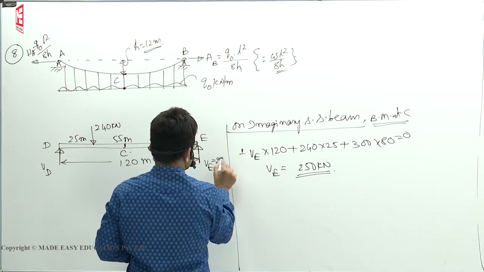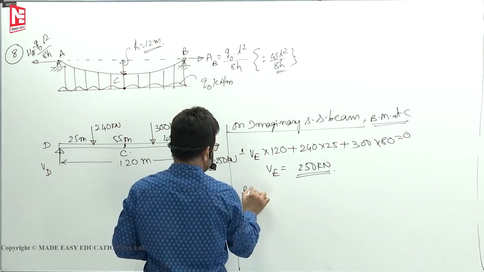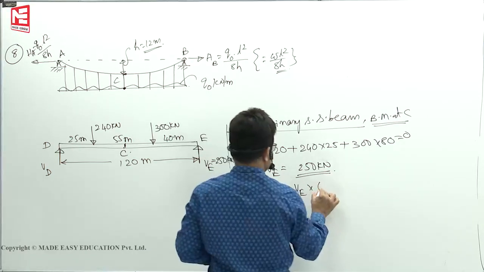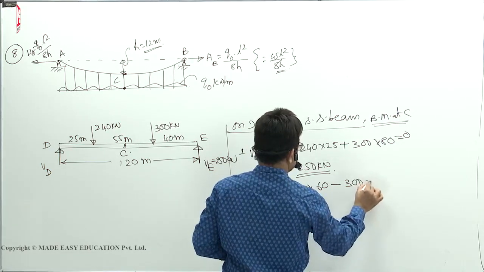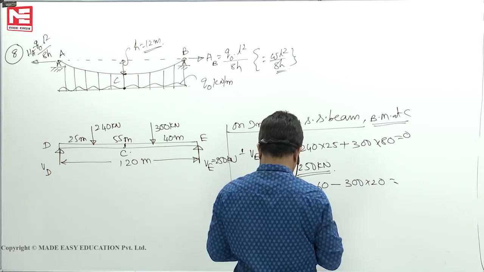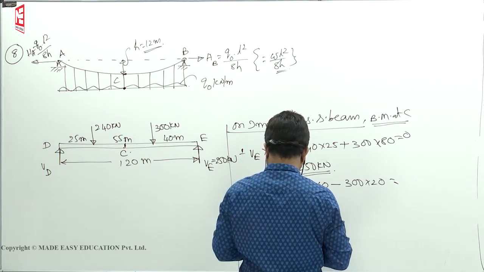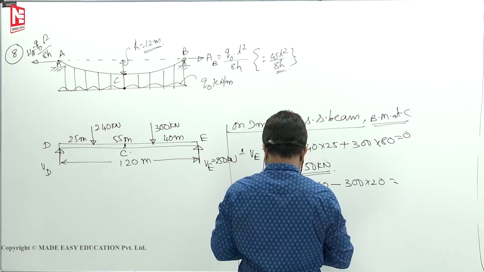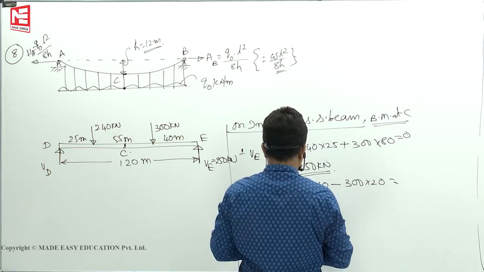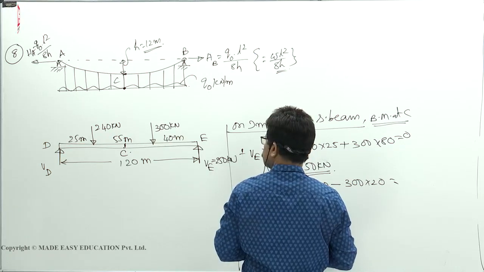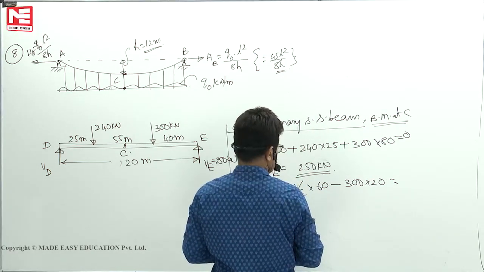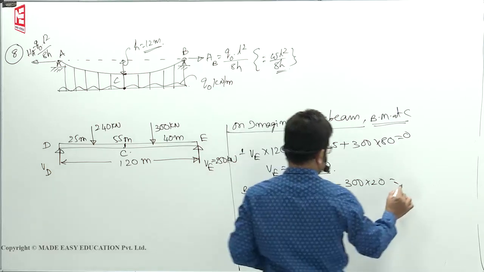VE is 250. Then bending moment at C is VE into 60 minus 300 into 20. This is 250 into 60. So you will get the bending moment at center.